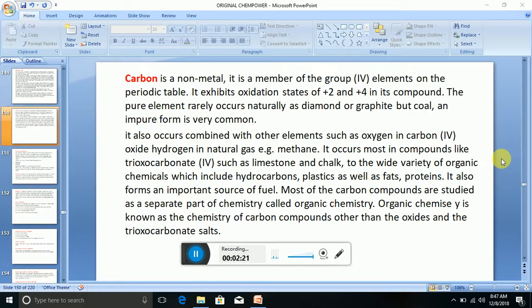So the compounds of carbon that we are going to be considering in this series are those of the oxides, the various carbon oxides, and the trioxocarbonates. But the other compounds of carbon will be studied under organic chemistry, which is another series in this our presentation.